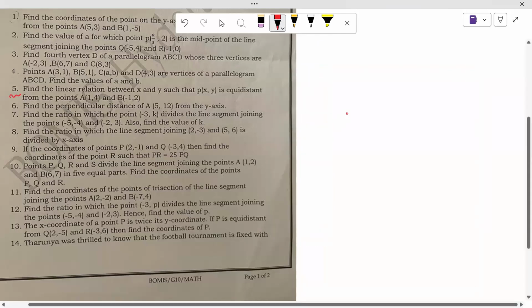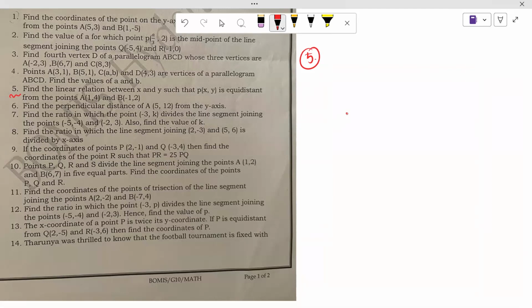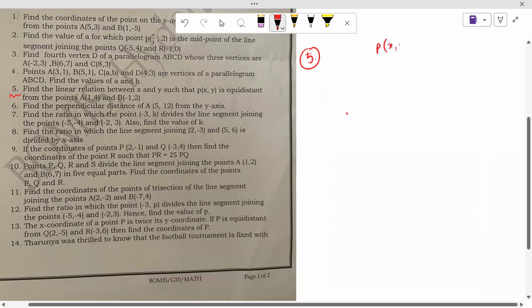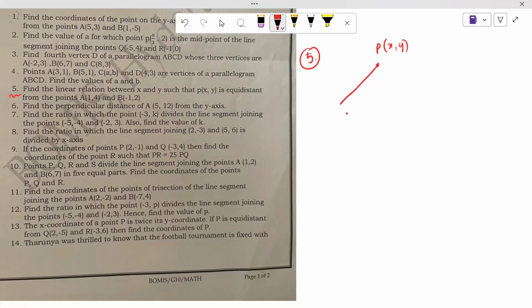So I'm explaining from the fifth question. Find the linear relation between x and y such that P(x, y) is equidistant from the points A and B. So let's take a point P(x, y), and it is equidistant from 2 points, A and B. So P has equal distance, AP equals PB.